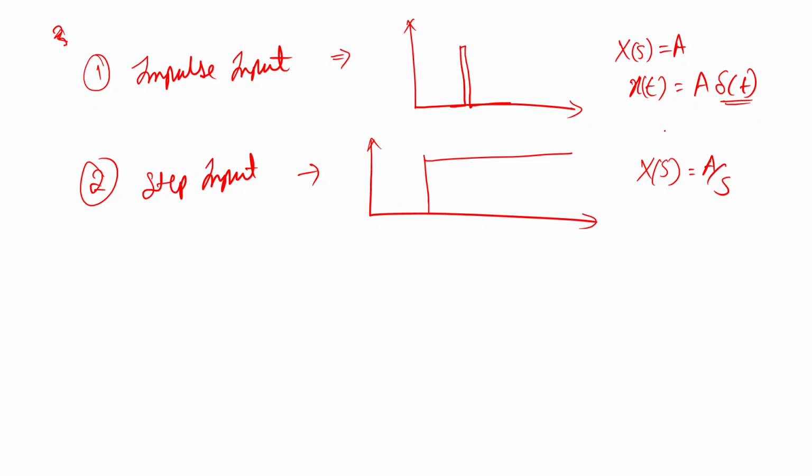If we want to write this A upon s in time domain, we can write it as x of t is equal to A times the unit step change, that is u of t, where A is the step change. The third case is ramp input.